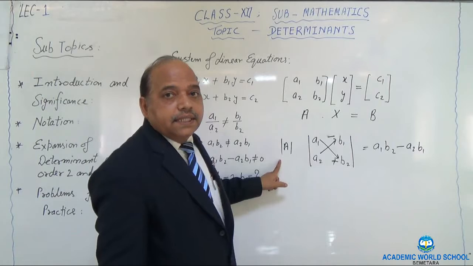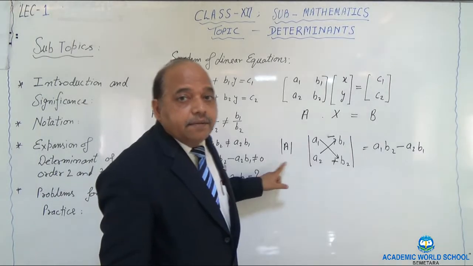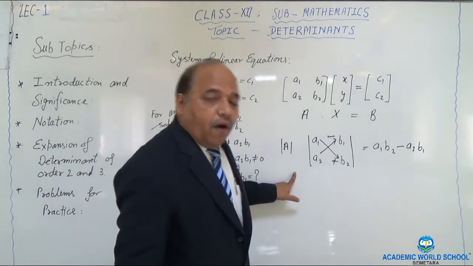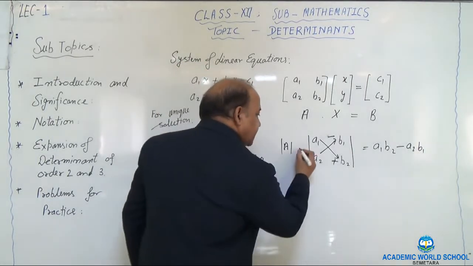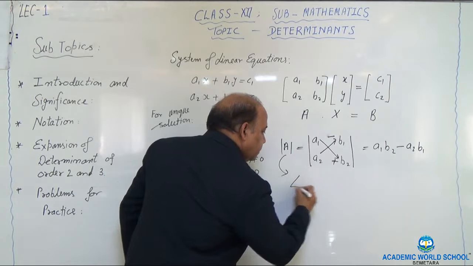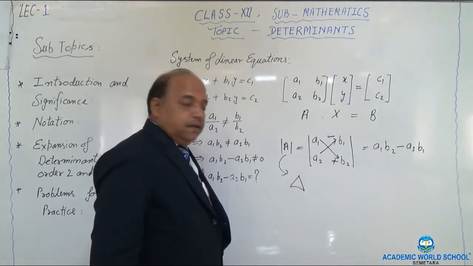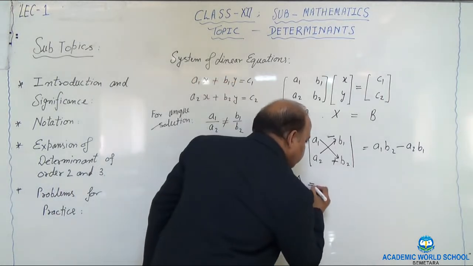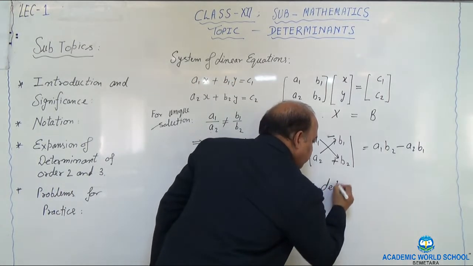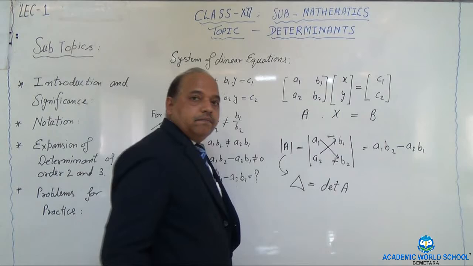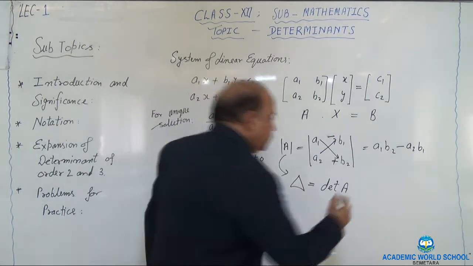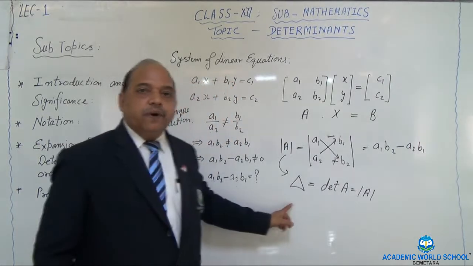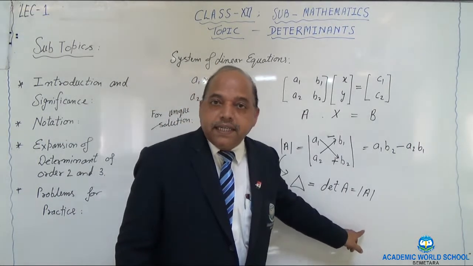We call this a determinant. So determinants are also represented by capital delta, the sign of a triangle, or this is also written as determinant A. Any form you can use to represent the determinant.